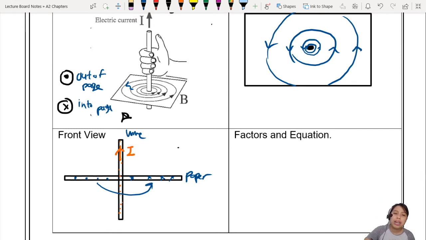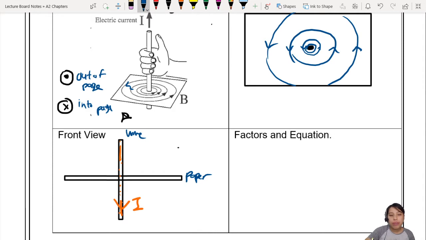What if you turn your current upside down? How would it be different? Well, you could just rub off the current and say, oh, what if now I change the direction of current? I send it down. Then your magnetic field will be a bit different. Give your thumbs down sign, and you see how your fingers curl.